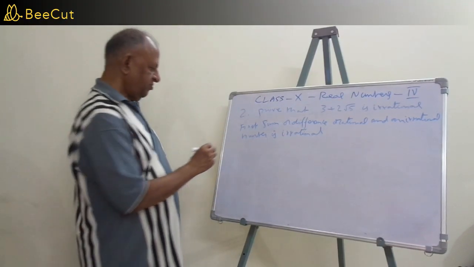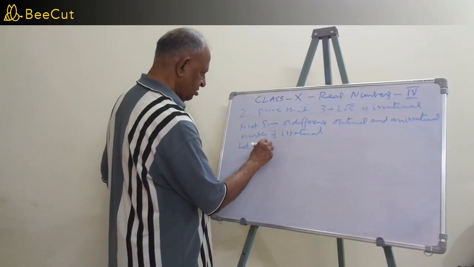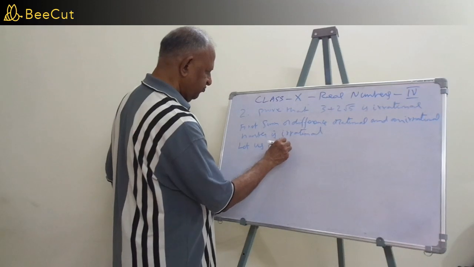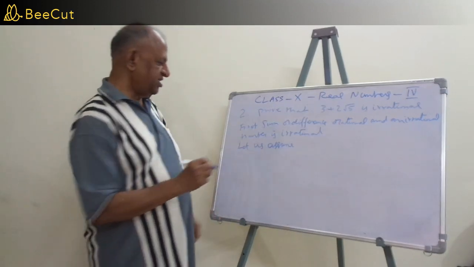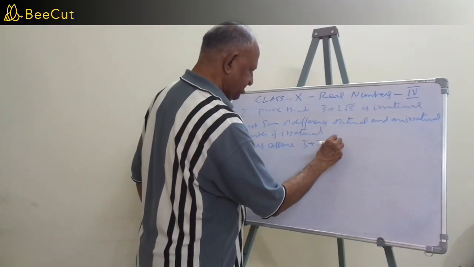Let us assume three plus 2 root 5 is rational.